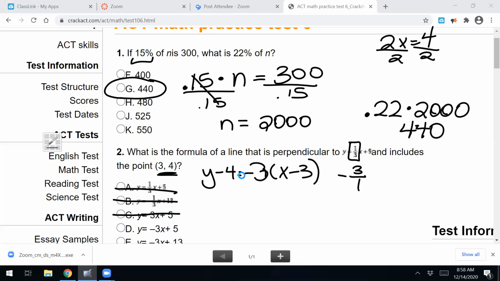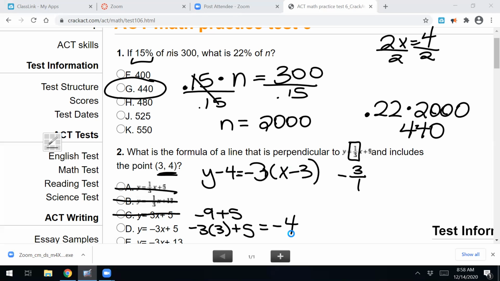But you could simply just do a check and just plug in the x and see if you get the right y. So if I plug in 3, that's going to be negative 3 times 3 plus 5. What's negative 3 times 3? What's -9 plus 5? -4. Is it supposed to be -4?